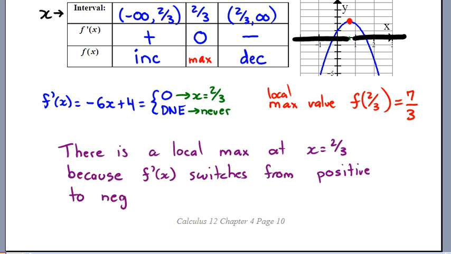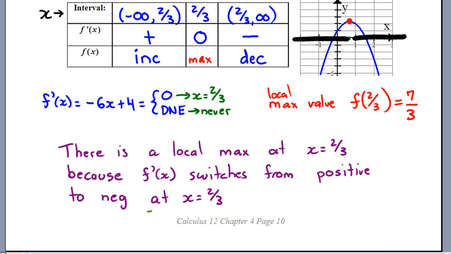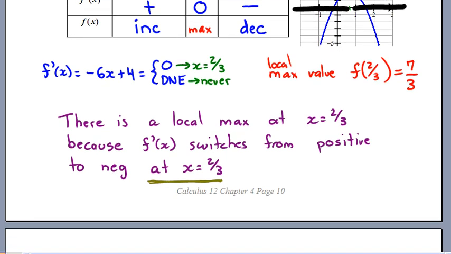And that is not good enough either, because they would say, well, where did it switch? You have to say, well, at 2/3. Okay, well, you should have said that then. And you must say this, at x equals 2/3. You have to own this question, right? And so that last little part has to be there, that at x equals 2/3.